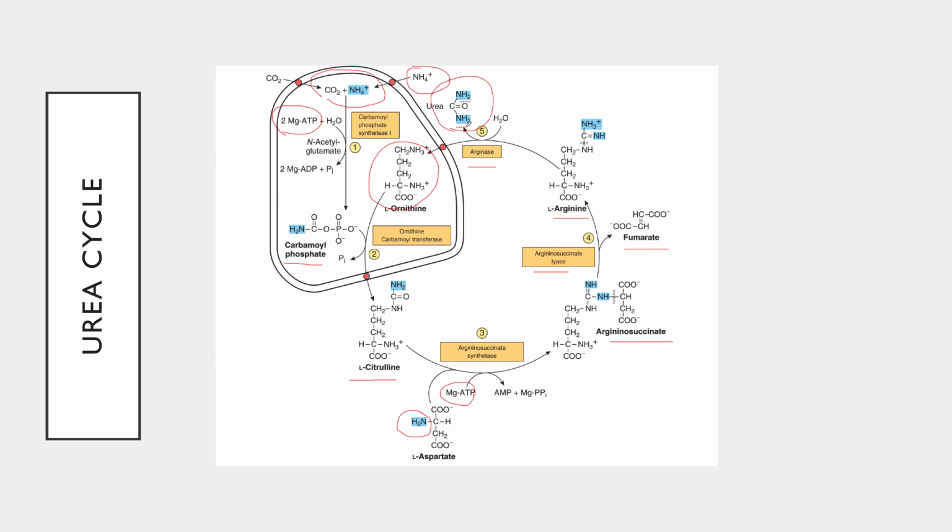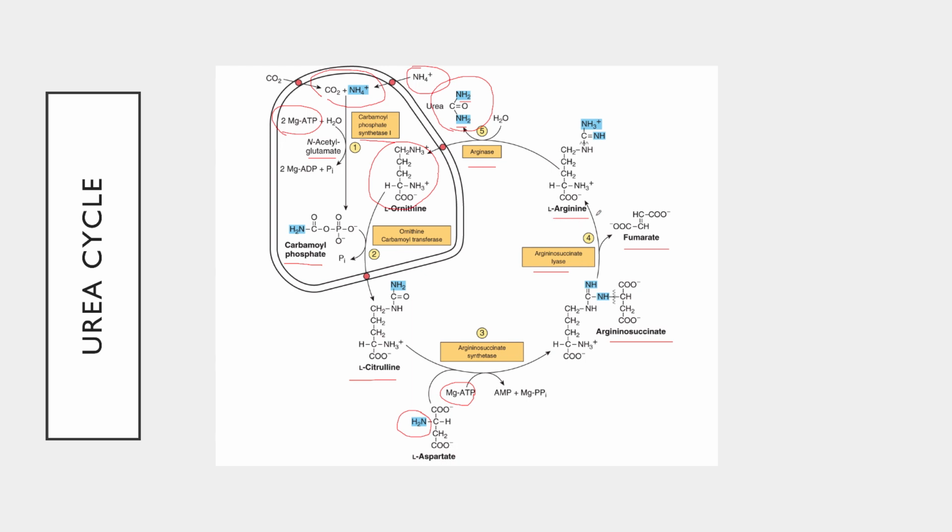Our pathway is regulated at one key step, and that's at the enzyme carbamyl phosphate synthetase 1. This enzyme requires the allosteric activator N-acetylglutamate. It's interesting to note that the synthesis of N-acetylglutamate is enhanced by arginine.